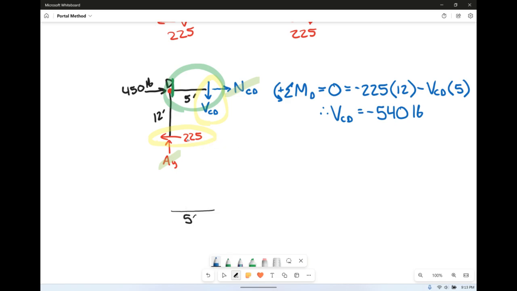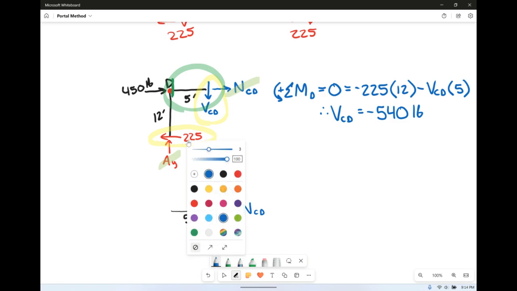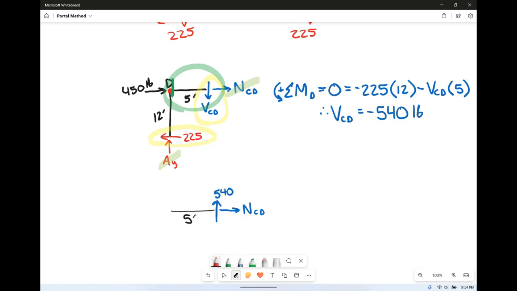We just found the shear CD, which was negative, so technically he's going up. So 540 pounds, then there's technically normal CD here. And we just made that cut, so technically there's a shear and a normal and a moment at D. So we want to find that moment at D.